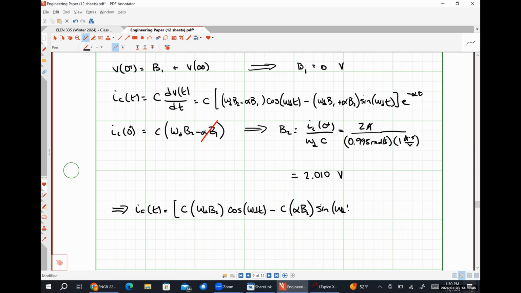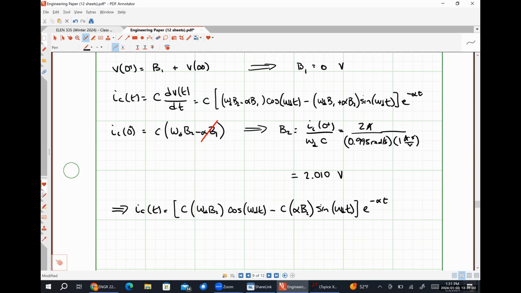Sine omega d t, e to the negative alpha t, where since B1 was 0, I just threw away those terms so that I know what to put in my calculator to calculate those coefficients.